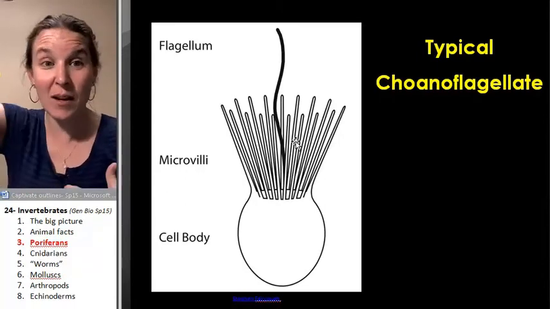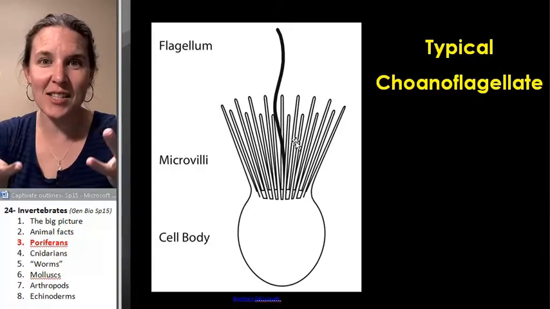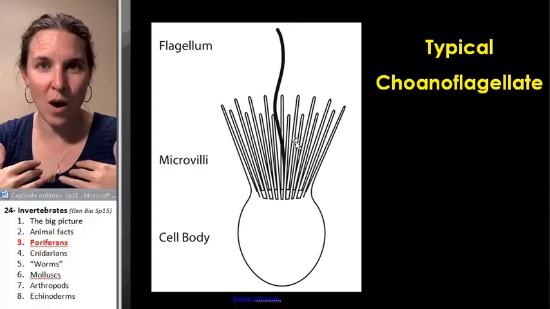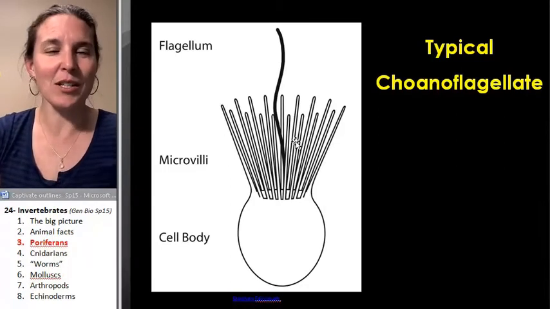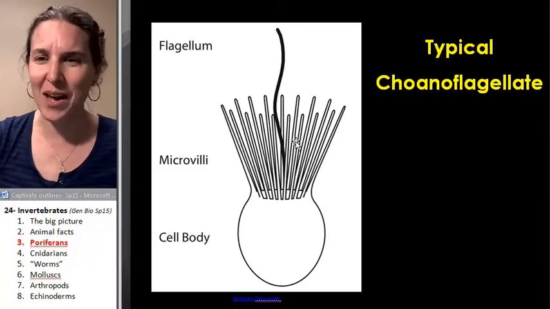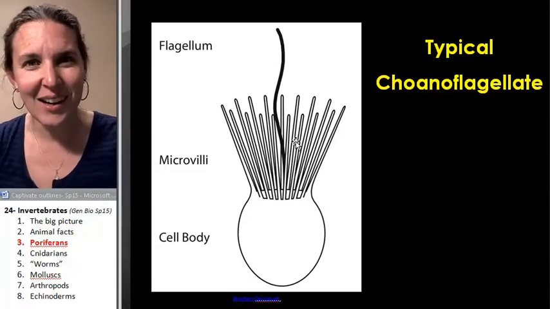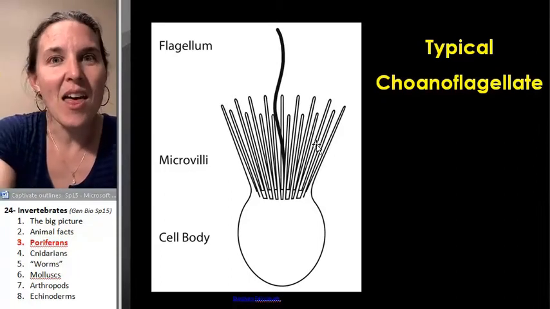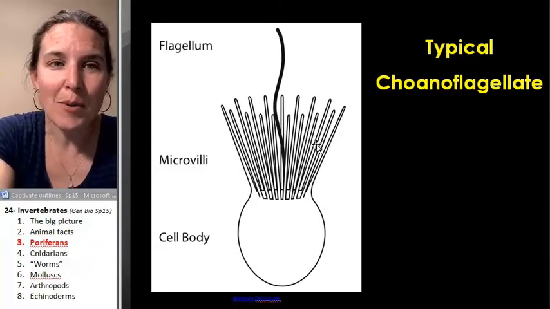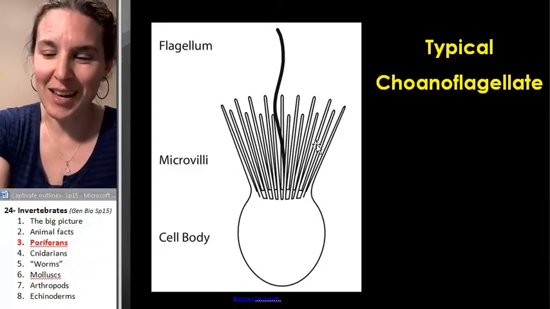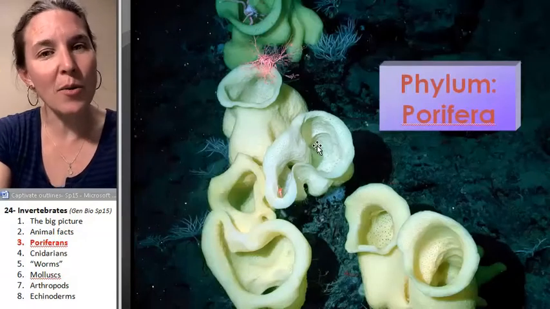And the flagellum creates the currents that bring the water in. Okay, that's awesome. We could spend an entire class looking at choanoflagellates. Those things are awesome. They're not animals. They're single-celled protists. But do not forget what that looks like, because now we're going to look at our poriferans.